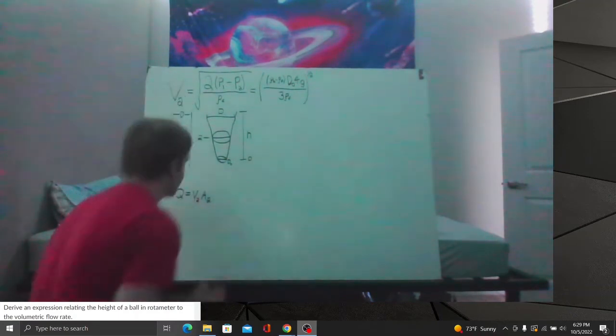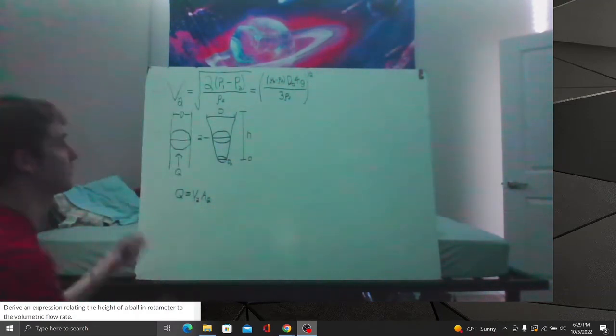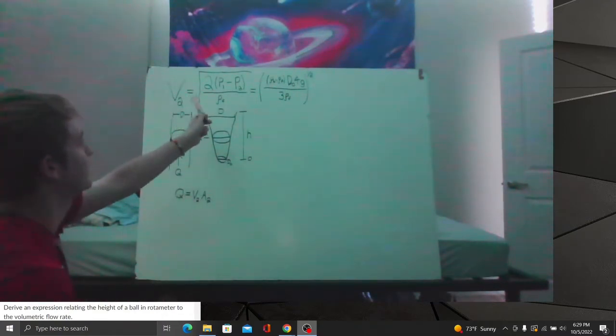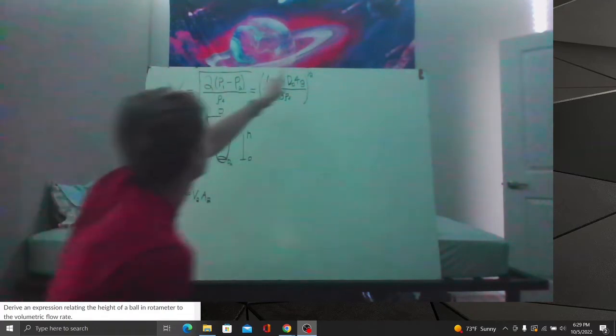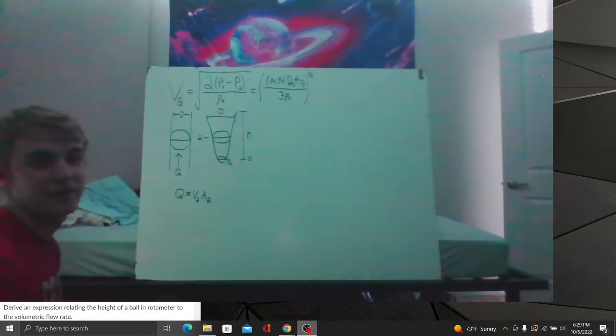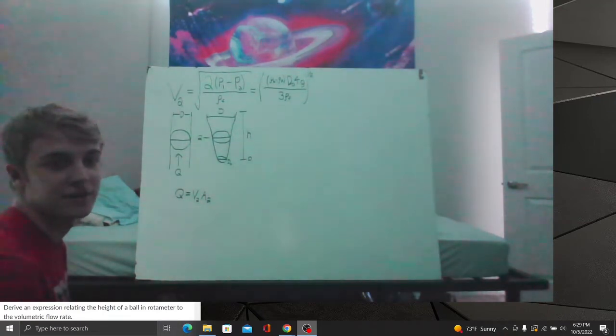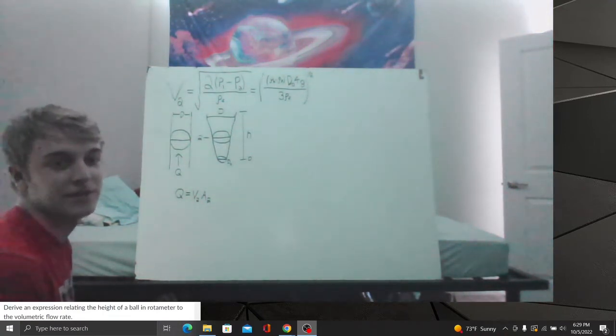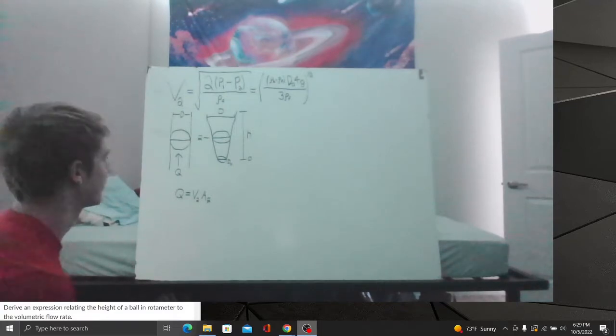We have already derived an equation for V2 in class using our textbook. I have that written up here, which we will input later when we are trying to derive our equation relating the height of the ball in the rotometer to the volumetric flow rate.